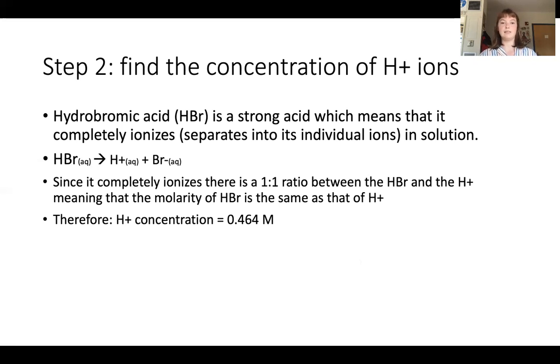Because it separates into its individual ions and it is a monodirectional arrow, we know that the mole ratio is 1:1 from HBr to H plus. So therefore, the concentration of HBr equals the concentration of H plus. And since we figured out the concentration of HBr in the previous slide, we know that the concentration of H plus ions in solution is 0.464 molar.